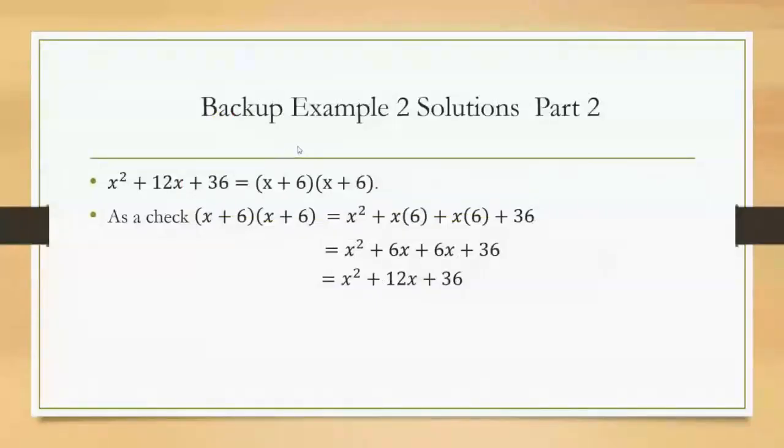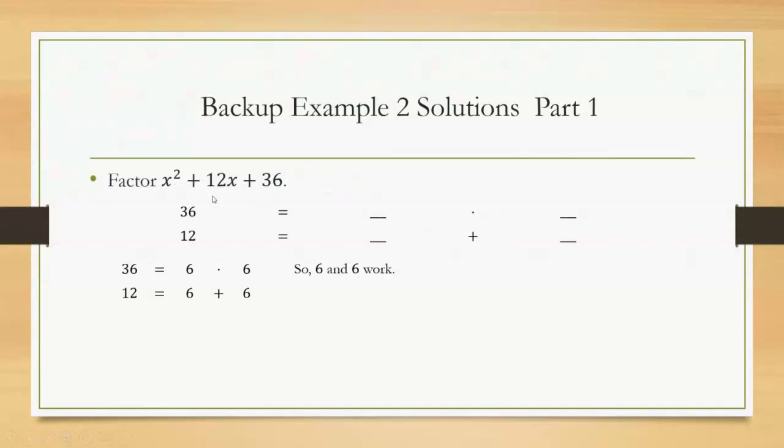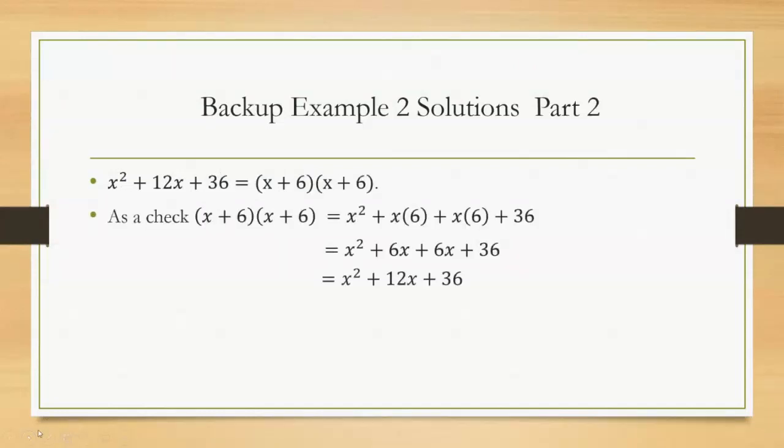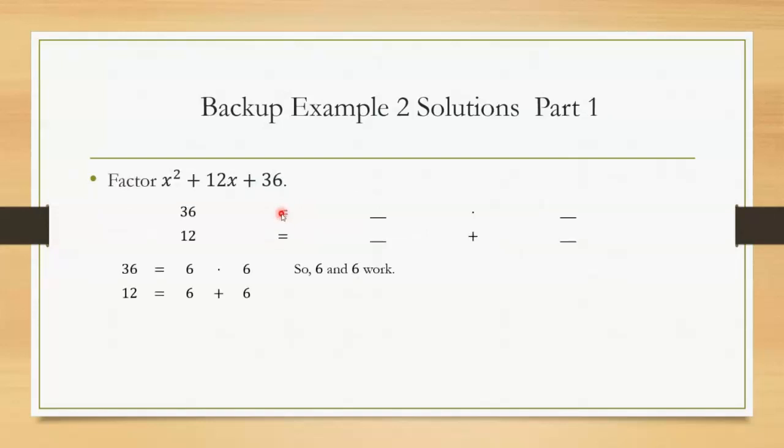Okay. So that is what we get there. Again, that's what we want, two numbers. So here, as you can see, it does work. Basically, what you can do is you can check your answer. Again, you want two numbers whose product is 36, the constant term, and whose sum is 12, the coefficient of x. And that's what's happening here.